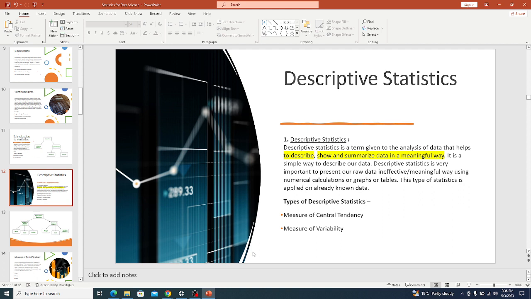Yes, it is the most occurring value in a data set. And remember, mode can be a single mode or it can be multiple modes.